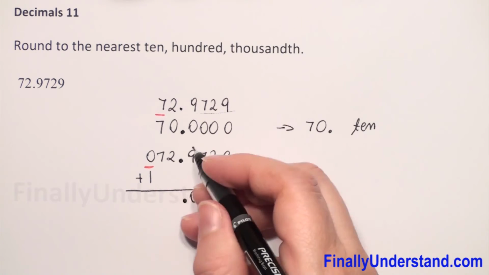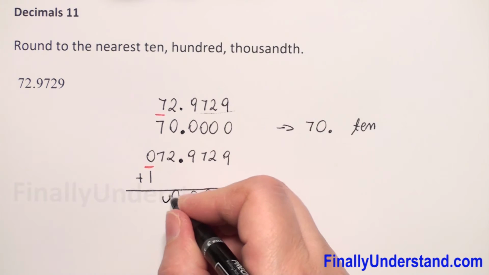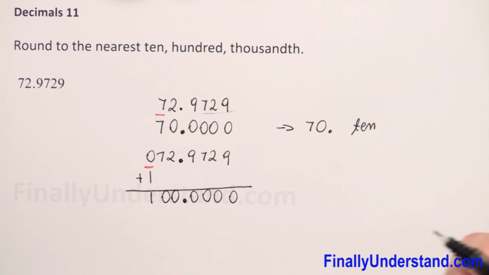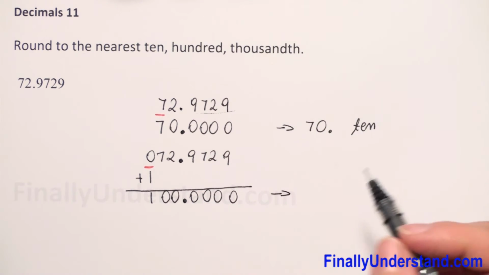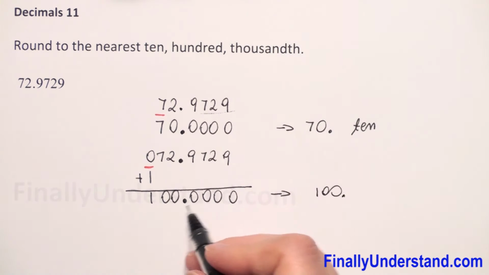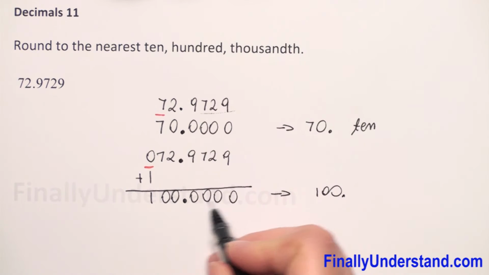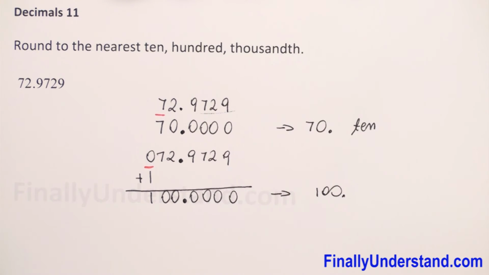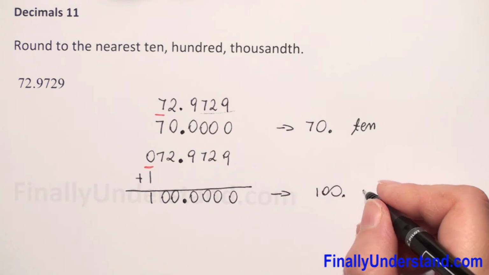Decimal point we copy. 2 we change to 0, 7 to 0, and 0 plus 1 is 1. So what do we get? We got 100. We don't have to write the zeros after the decimal point because they don't change the value of our number. This was rounding to the nearest 100.